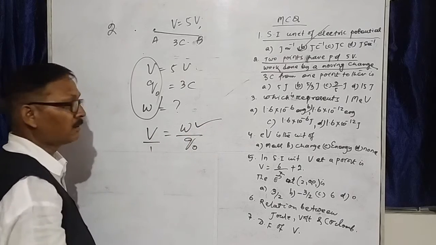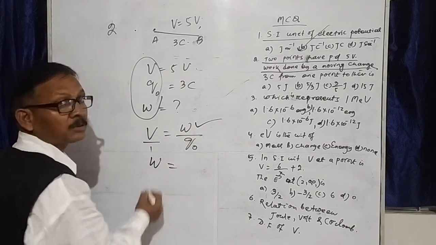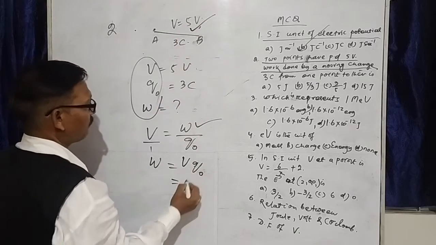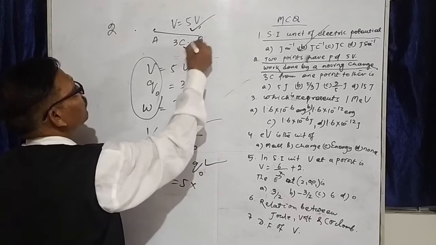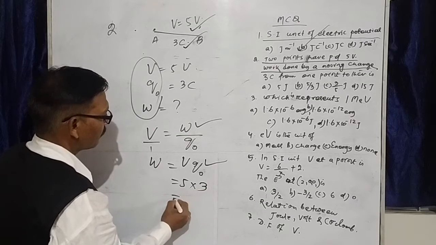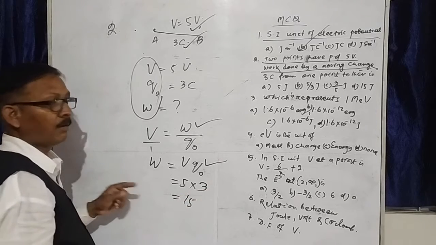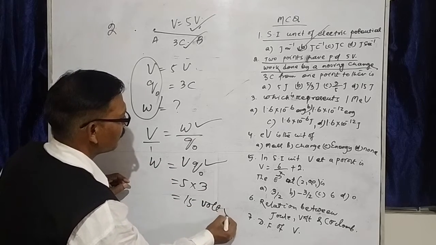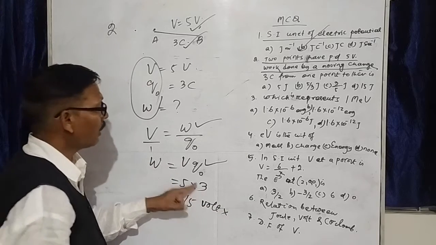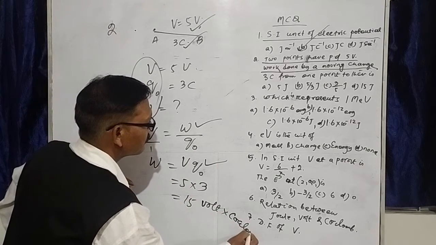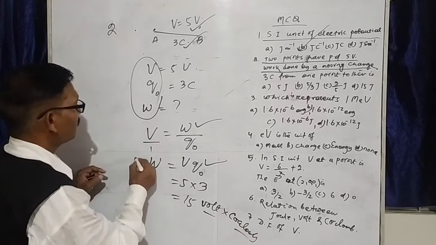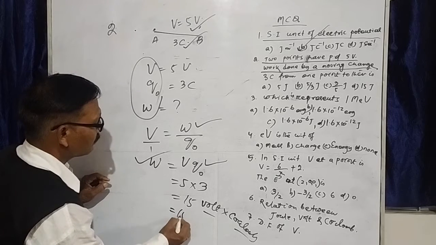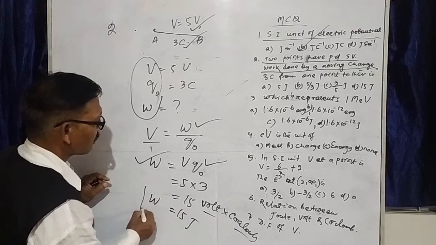To find work done, cross multiply: W is equal to V Q0, that is 5 volt into 3 coulomb, which is 15 volt coulomb. The SI unit of work done is joule, so the answer is 15 joule.